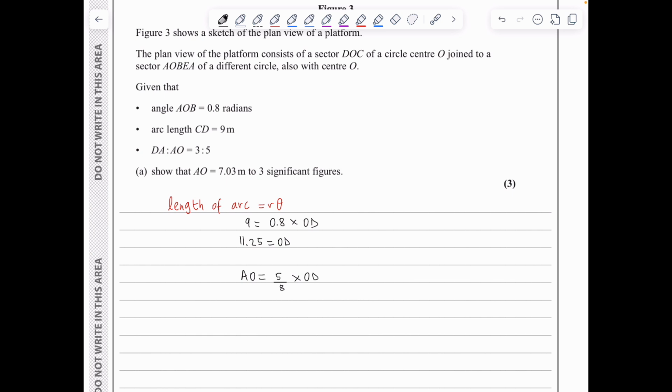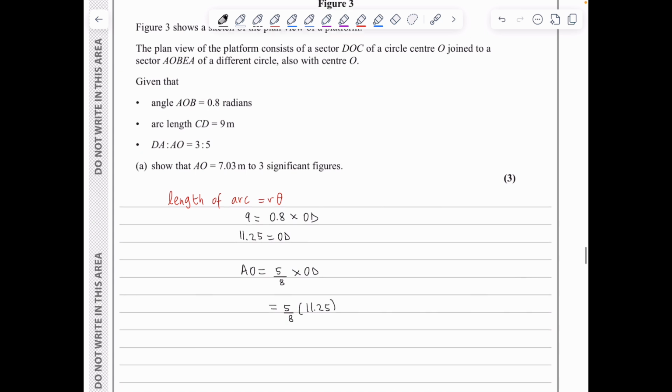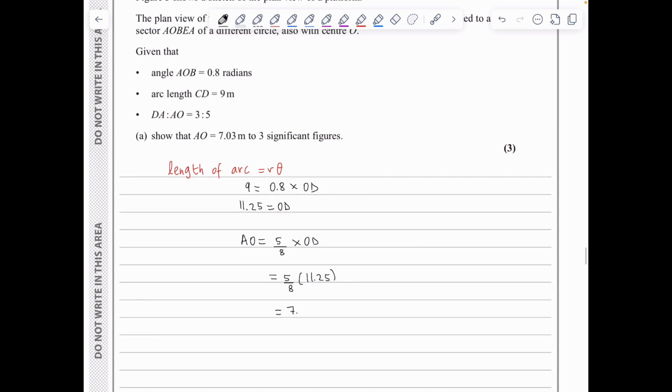So this is 5 over 8 times the 11.25 we just found, which gives an answer of 7.03125, which rounds to 7.03 to 3 significant figures as required.